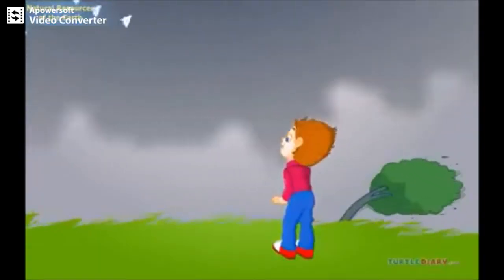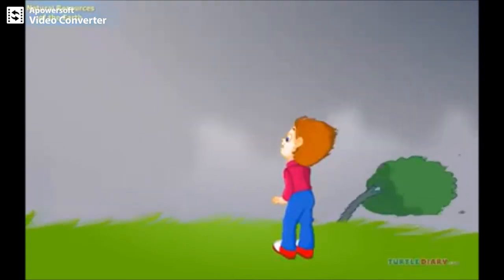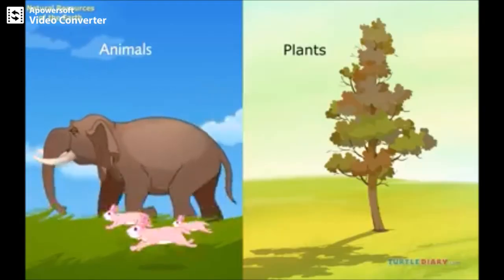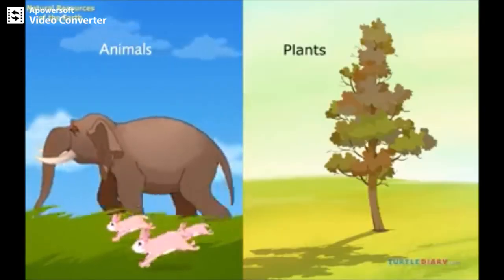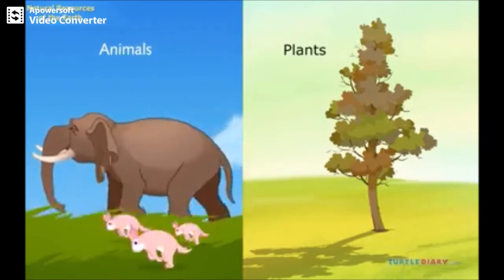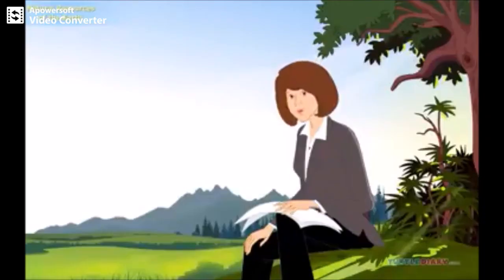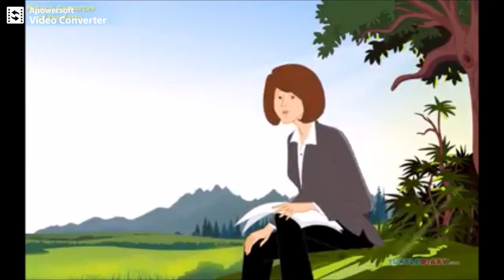More wind is also made by nature. Plants and animals also produce more of their own kind. All these resources are called renewable. So, renewable resources are those natural resources which are being replaced in nature over time.